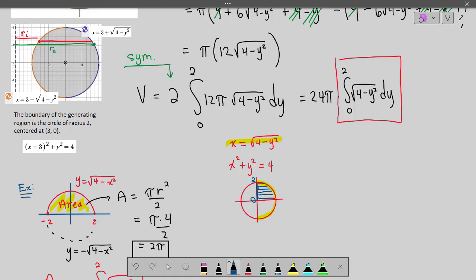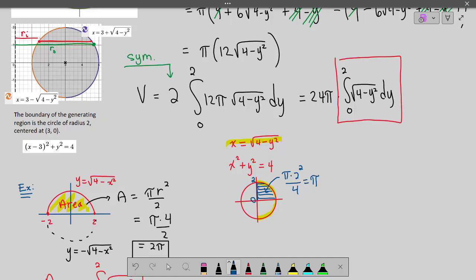That integral represents 1/4 the area of a circle of radius 2. And what is the area here? It's going to be pi times r squared. That's the area of the full circle, divided by 4. That will give us the area of that quarter circle.